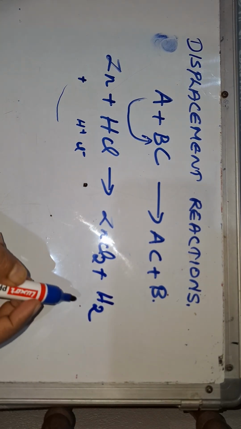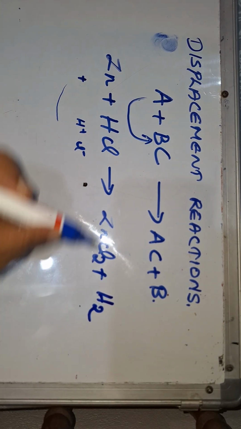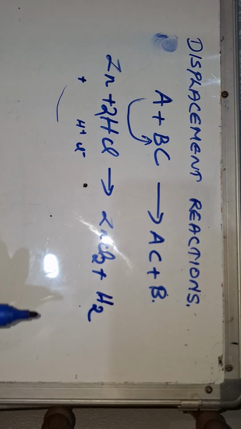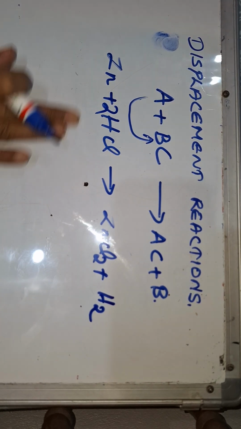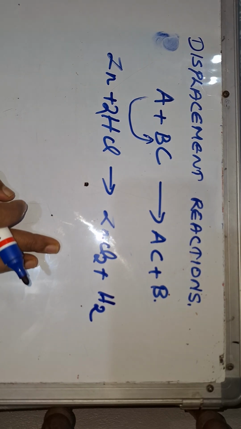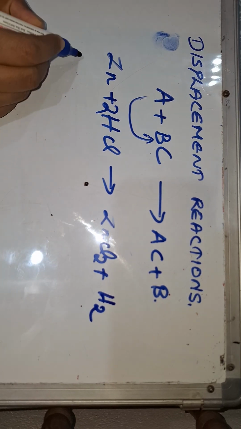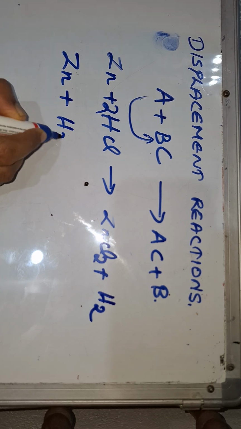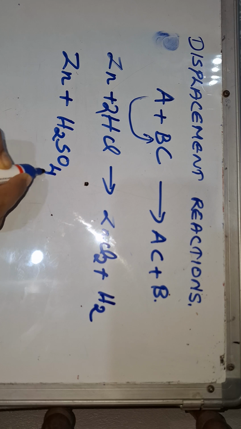Okay. So this equation is also not balanced. 2 hydrogen is there. So we have to balance the equation by adding 2 here. Every time you have to write an example, a balanced equation only. Okay. So this is an example for displacement reaction. Another example, let us see. Again zinc, instead of HCl, let us write H2SO4, that is our sulfuric acid.